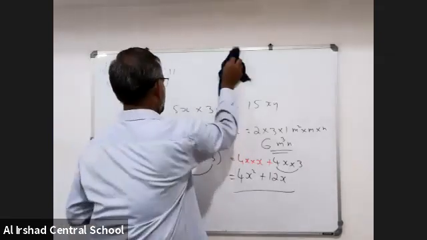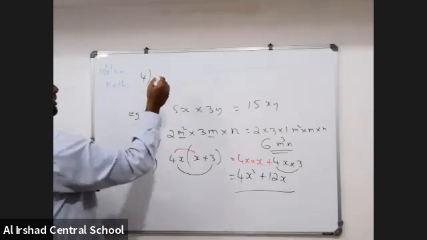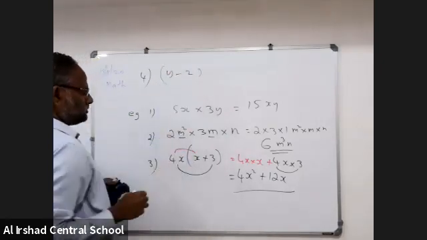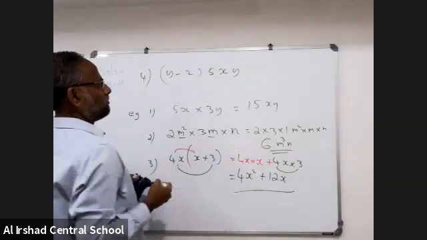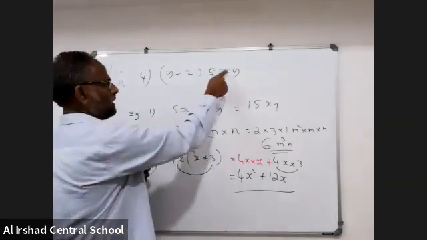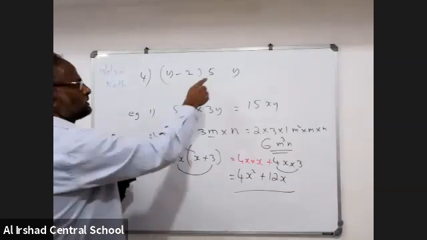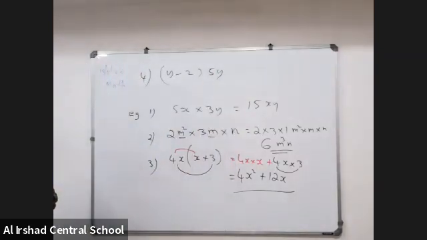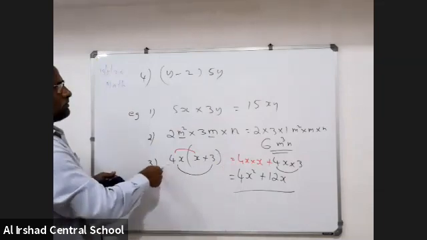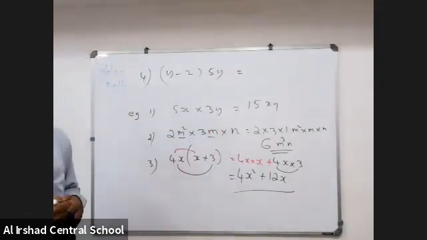Fourth one. This is monomial into binomial or binomial into monomial. y minus 2 into 5y. Be careful. Write the question as y minus 2 into 5y. Tell me the answer for this. Outside 5y is the same thing, only subtraction is the operation inside.